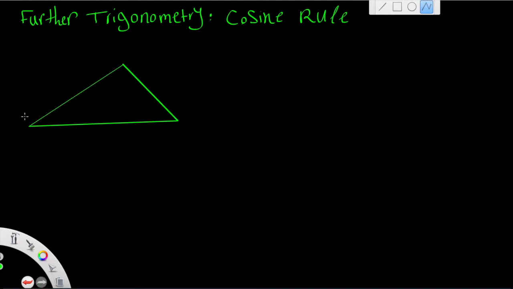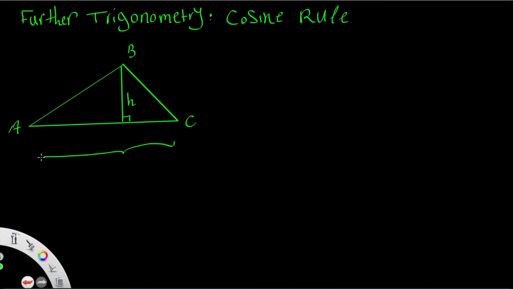I label it A, B, and C. Then I construct one of the heights perpendicular to AC. I label it H. This side overall will be b, this side will be a, and this side will be c.